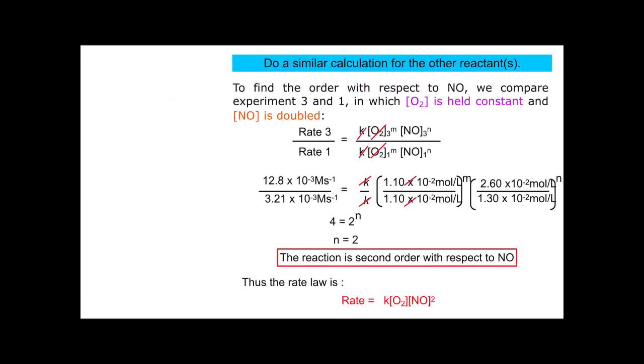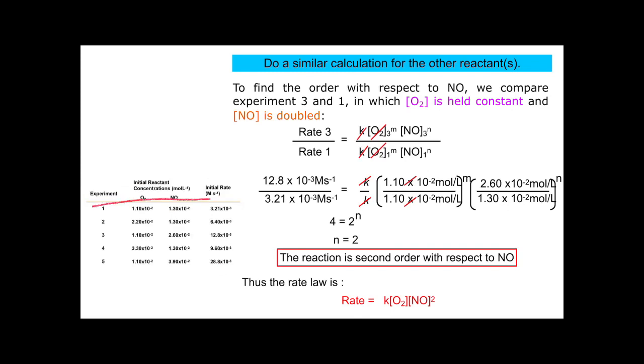We do the similar calculation to find the order with respect to NO. So by comparing experiment 3 and experiment 1, where the concentration of O2 is constant but the concentration of NO is double, we can find the value of N. So by dividing the data from experiment 3 with data from experiment 1, we will get 4 equal to 2 to the power of N. By using log, we can get N equal to 2.